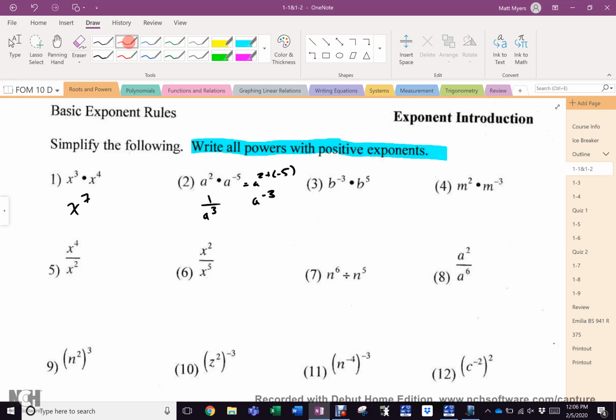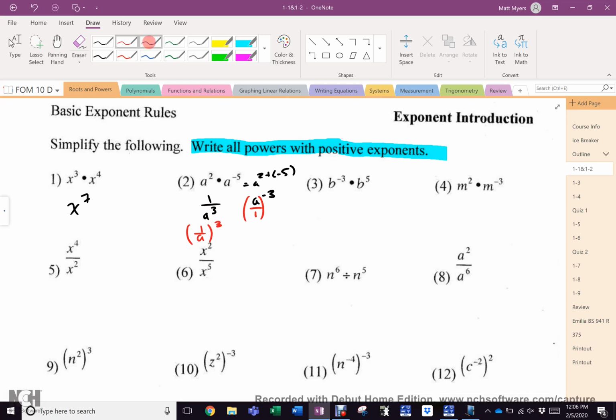And you all remember that a is properly written as a over 1, but we don't write the 1 because it's implied. Then we remember that a negative exponent reciprocates its base. Well, this is the base, so then we reciprocate it. Now, you could also have written this as 1 over a, all in brackets, to the 3rd. Okay?